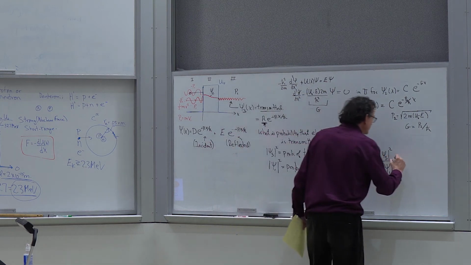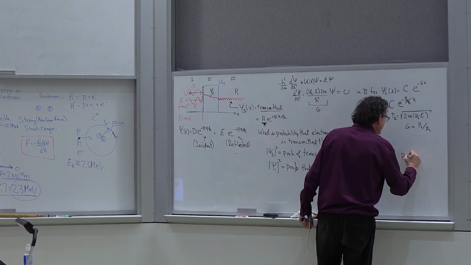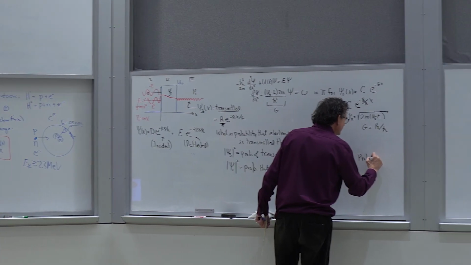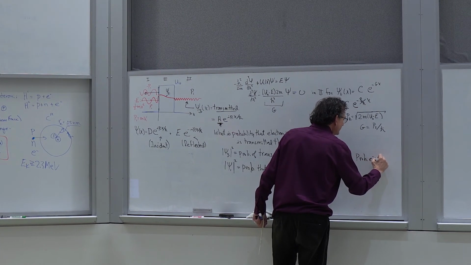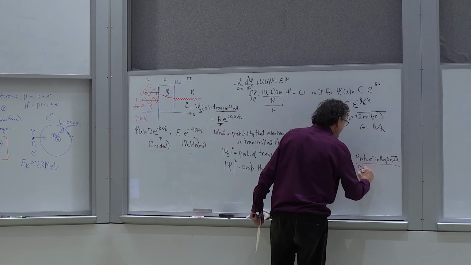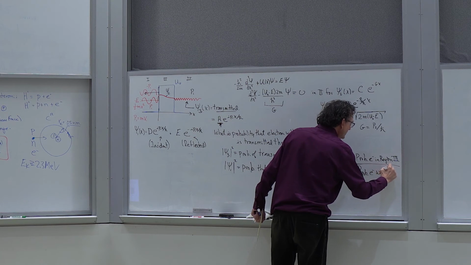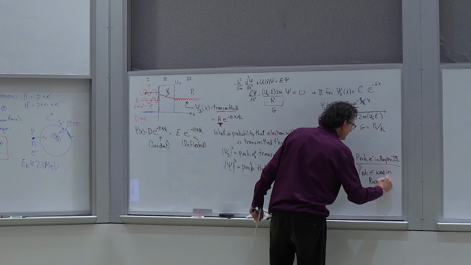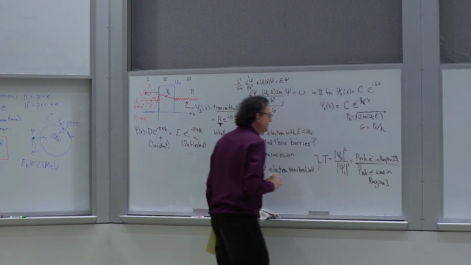So this is equal to the probability of the electron in region 3, divided by the probability that the electron was in region 1. Right? It's the ratio of the probability.